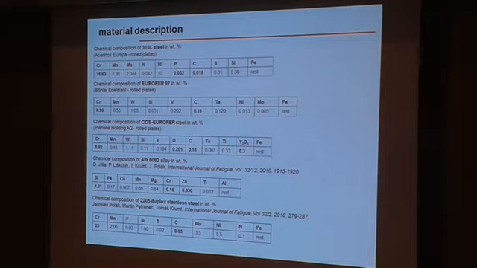It's 316 steel, Eurofer steel, and also Eurofer steel strengthened by yttrium oxides, which means that the chemical composition of this ODS Eurofer steel is approximately similar to that of the Eurofer steel, but there are additionally small yttrium oxides dispersed in the steel, which really influence the strength of the steel.